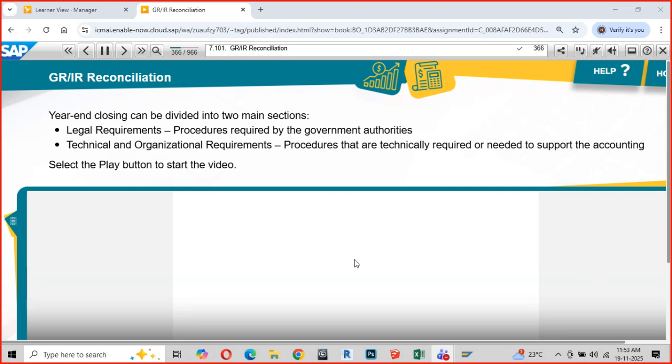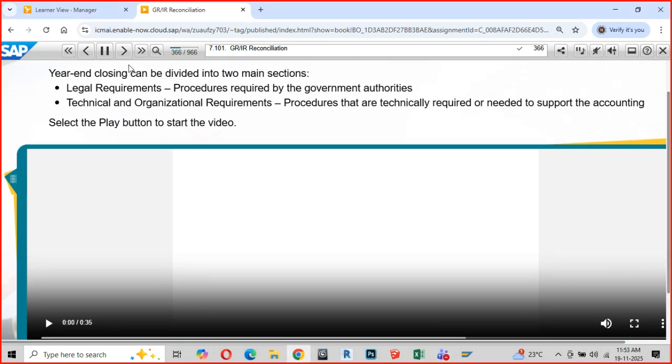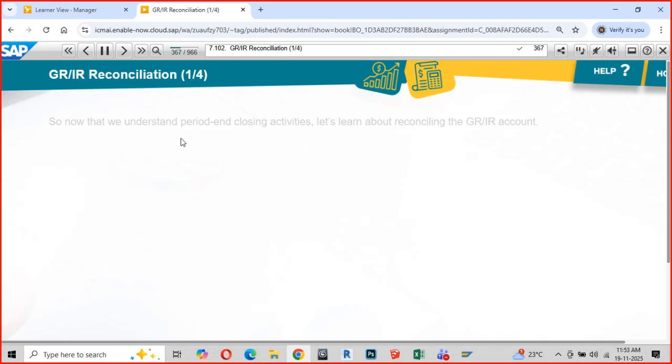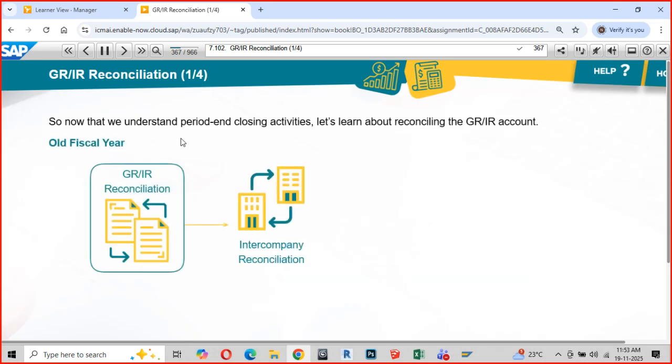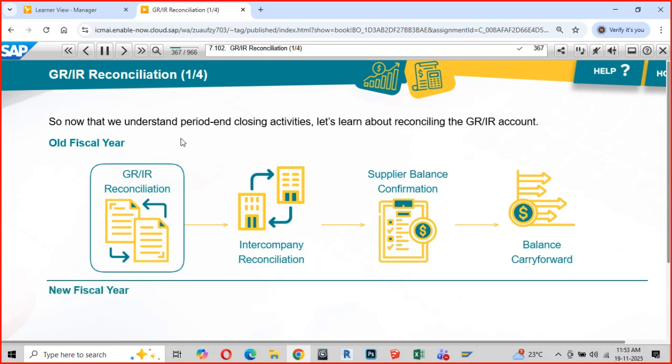Clear? Legal requirements, technical. Students, please go through this. I have already told you what exactly it is. I was just going through these slides only from the identification of some new terms.